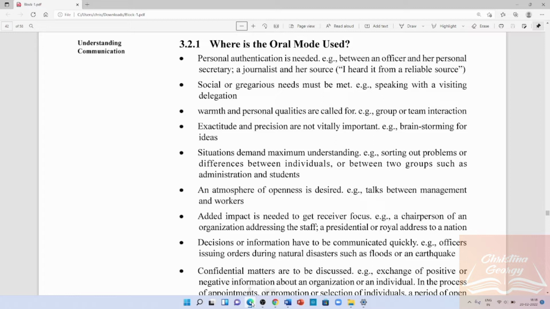Similarly, the talks between management and workers, a chairperson of an organization addressing the staff, decisions or information that have to be communicated quickly. Moreover, confidential matters are very often addressed via oral mode.